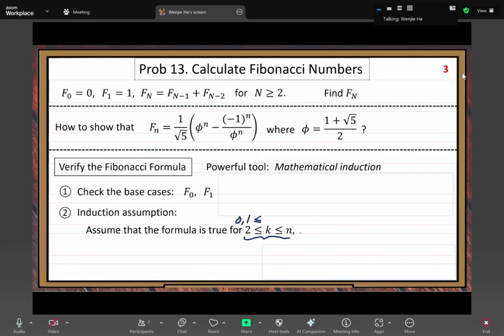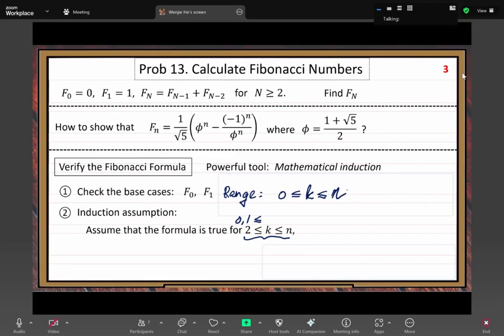Let me write it in a more clear way, because this range is critical here. 0 less than or equal to k less than or equal to n.